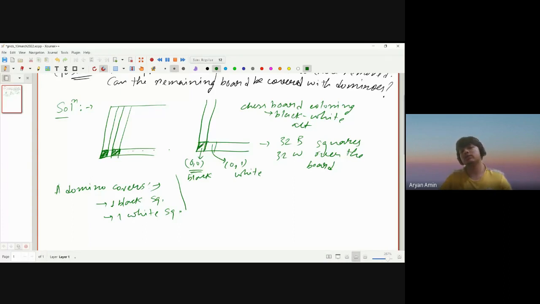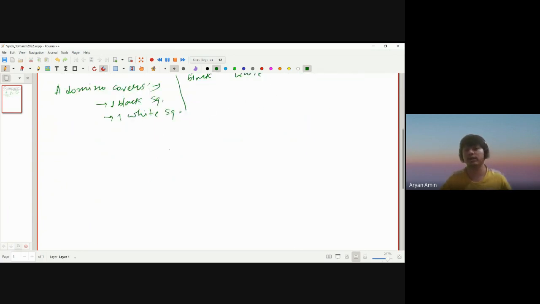Okay, so now look at something. Let us draw the coloring for a smaller case, say 4x4. Suppose this is 1, 2, 3, 4, and 2, 3, and 4. I'll write 1 for black and 0 for white, so that I don't have to shade it every time.